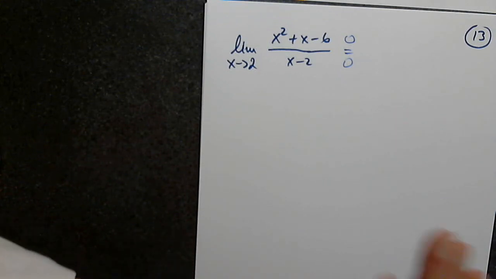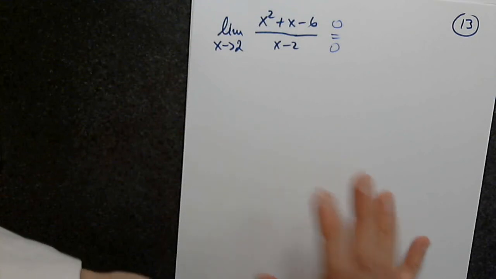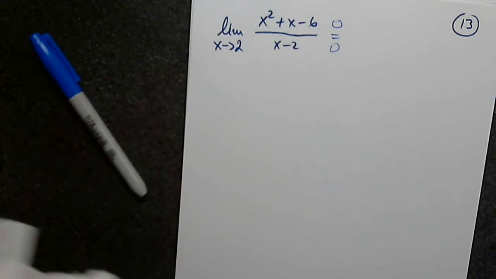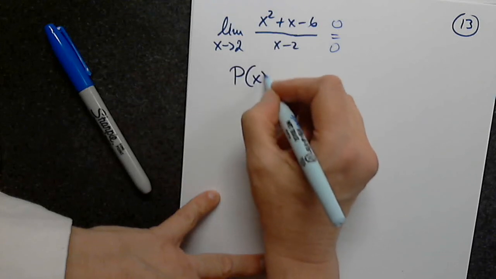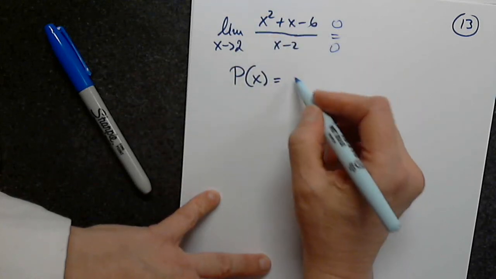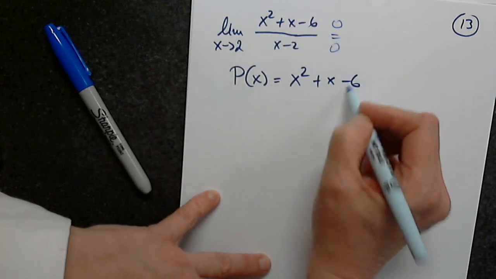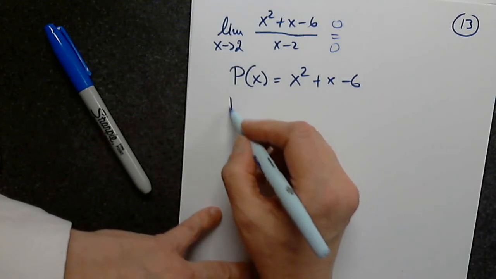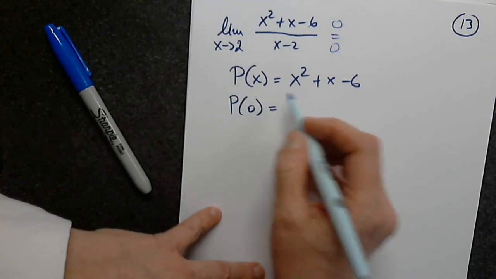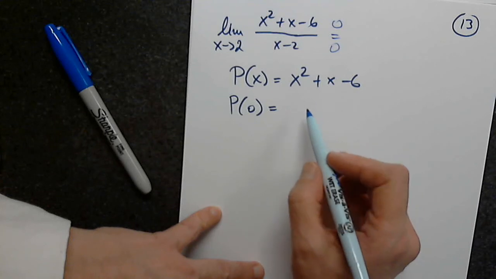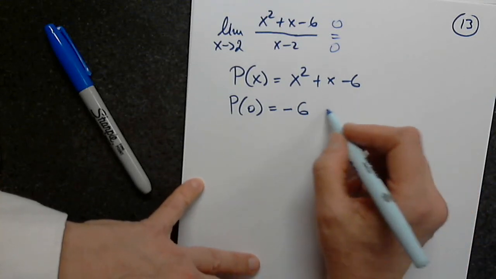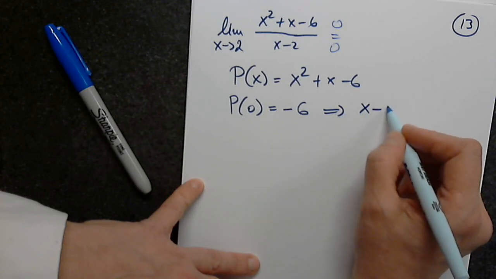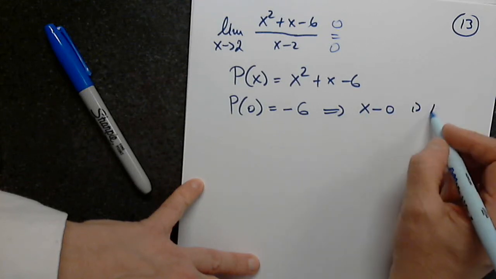Okay. Now, before we continue, we have to talk about something very important. If I have a polynomial, like for example this one at the top, and I plug in 0, what do I get? Good. This means that x minus 0 is not a factor.